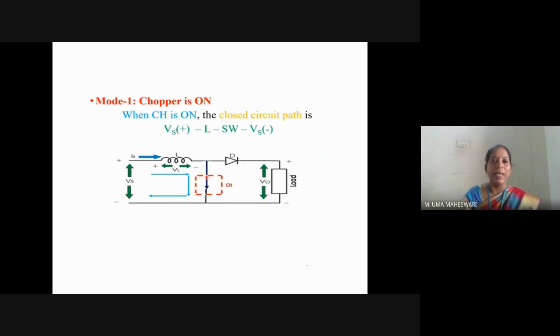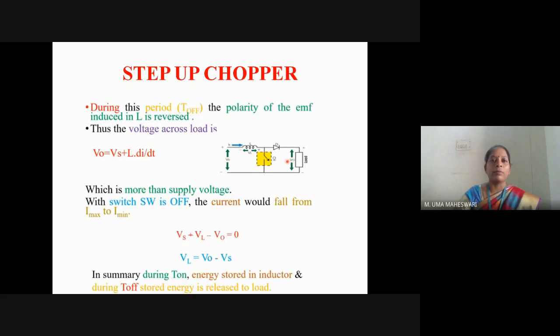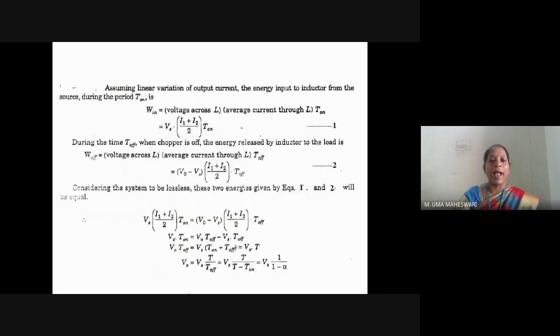Now we'll see the output voltage expression for the boost chopper. Assuming linear variation of the output current, we derive the energy input to the inductor from the source during the on period. The energy input W input is equal to the voltage across the inductor and the average current through L into the on period.